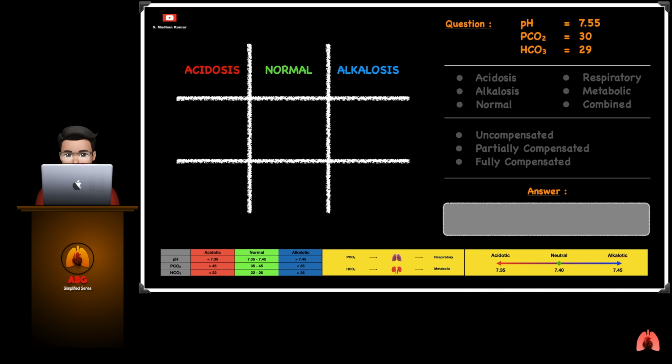Since the pH of 7.55 seems to be alkalotic, mark pH underneath the alkalosis column. PCO2 is 30, which is alkalotic, and HCO3 is 29, which is also alkalotic. So, mark both PCO2 and HCO3 underneath the alkalosis column.